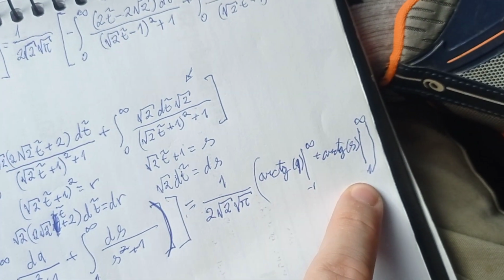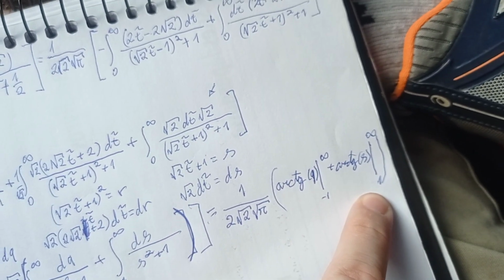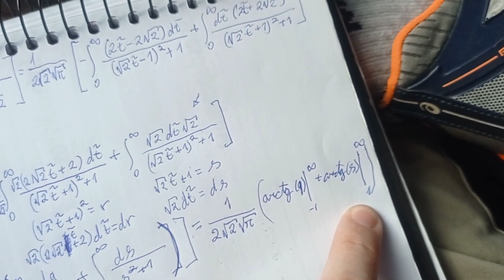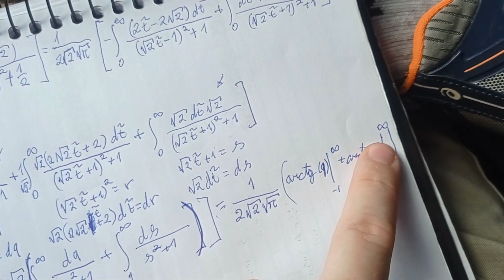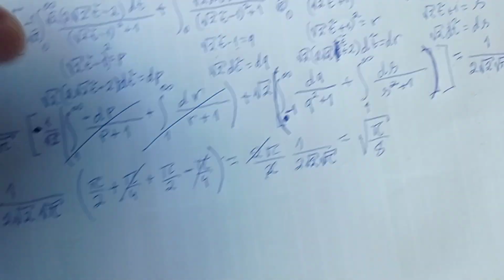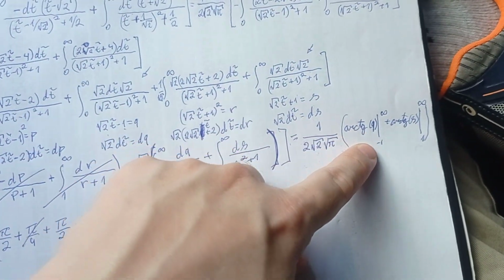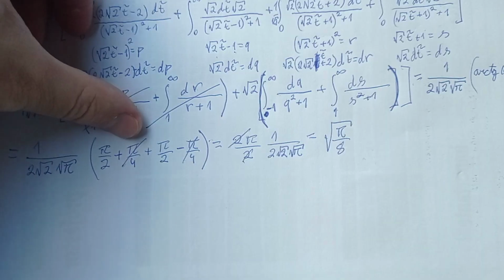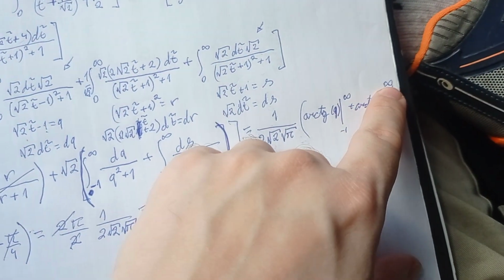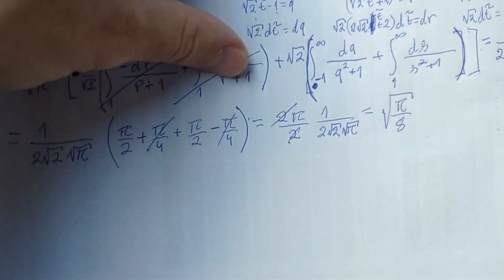And the arc whose tangent is 1 is an angle that is pi divided by 4. And for infinity, it's going to be pi divided by 2 in both cases. So we have pi divided by 2 minus pi divided by 4, so plus pi divided by 4. So we have pi divided by 2 minus pi divided by 4.